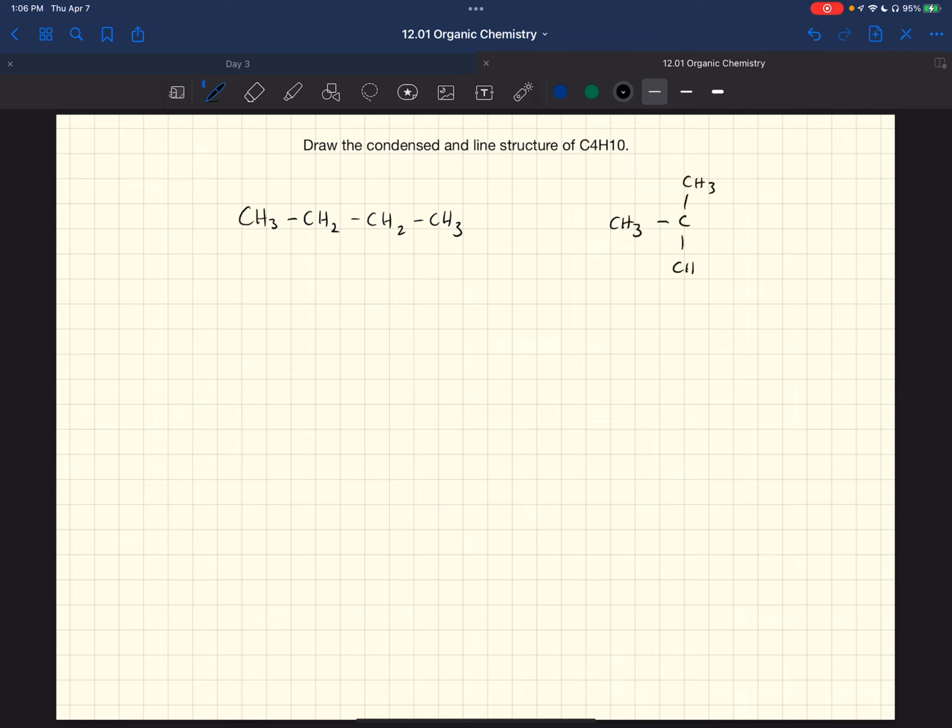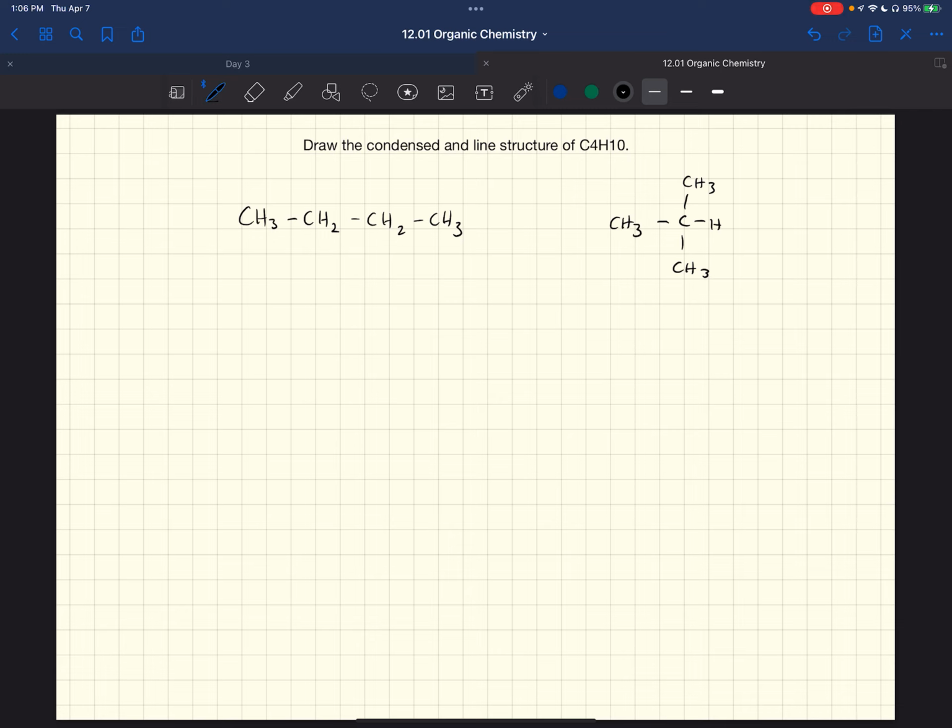But what about this? Does that also work? Let's see. So here's our C4H10. Here's 4 carbons, and then 3, 6, 9, 10 hydrogens.